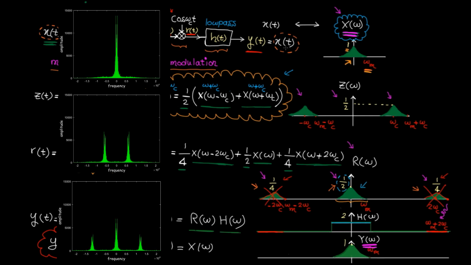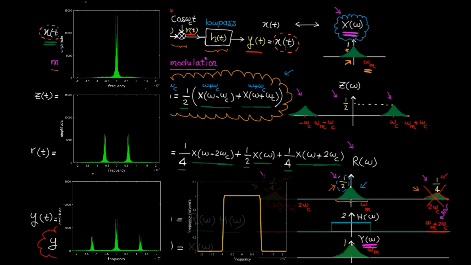Let's listen to the demodulated signal. You can clearly hear the song, but there is also noise due to the undesired copies.